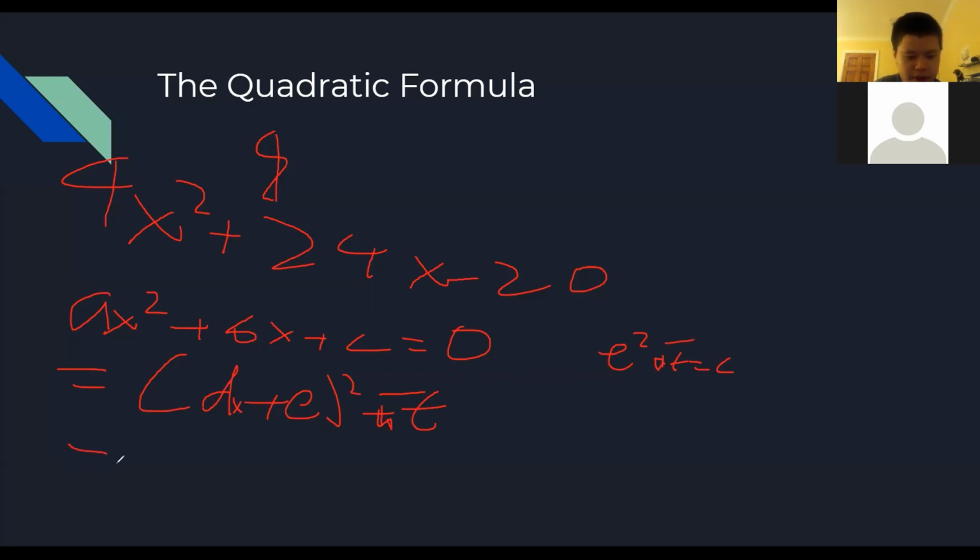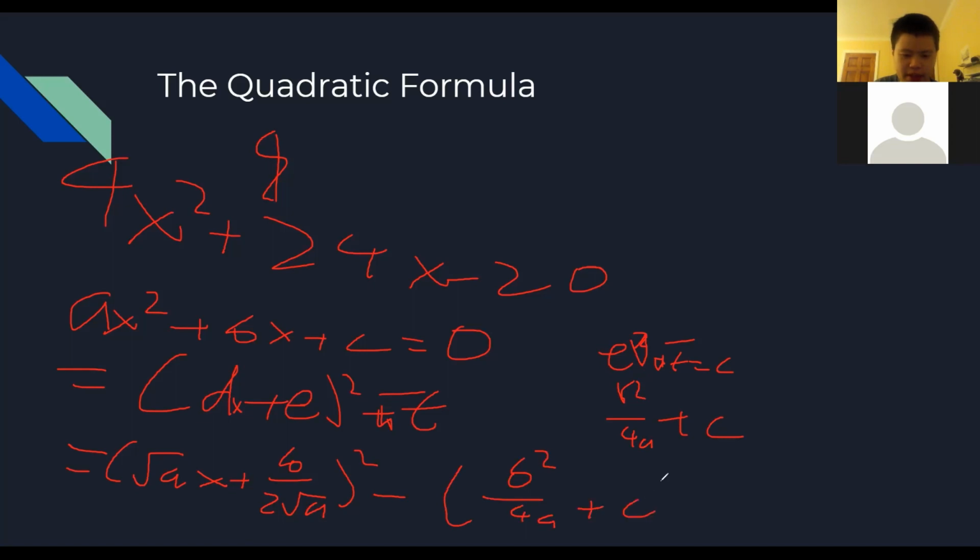So d equals square root a, e equals b over 2 square root a, and f is, so keep the constant term constant. F is b squared over 4a plus c. Okay.